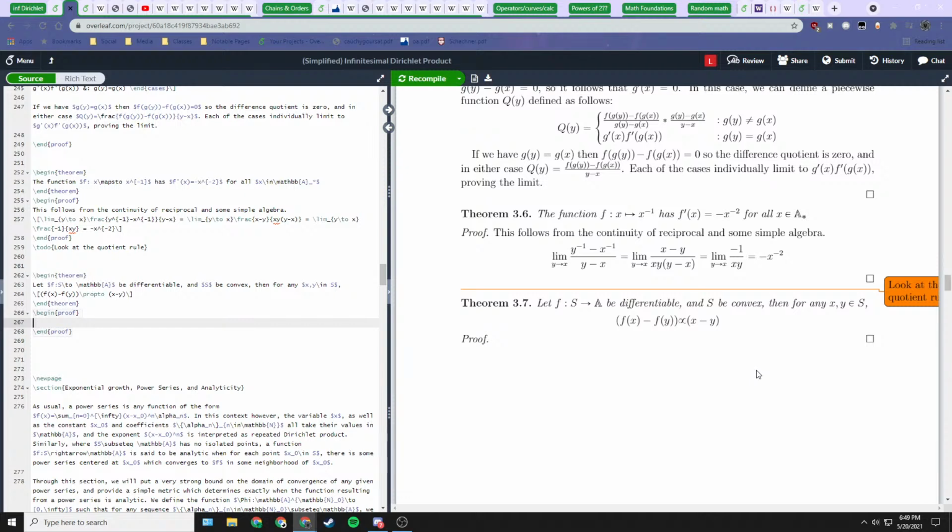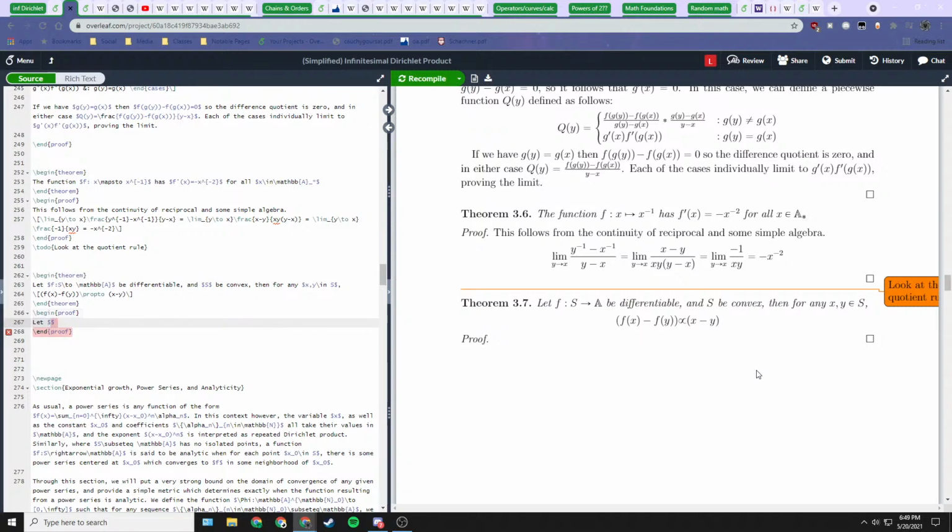So first and foremost, we'll consider a subdomain.